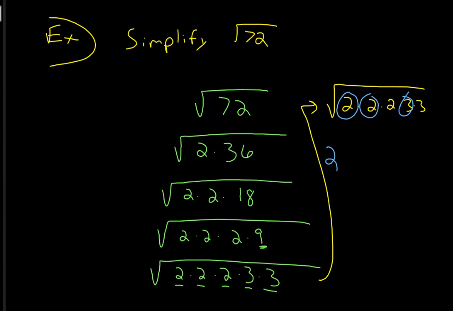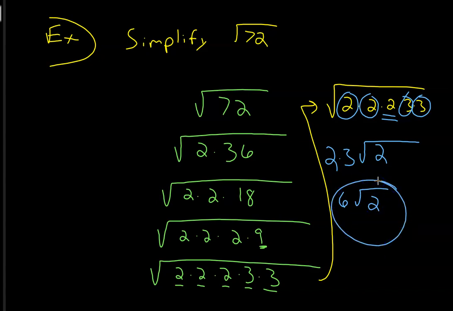These two 3's are a second pair of identical numbers, so that comes outside, being multiplied to the 2. The only number underneath the square root symbol that's left is this 2 here. It has no match, so it stays. Since 2 times 3 we can multiply, I can call that 6 square root of 2. And that would be the final answer.